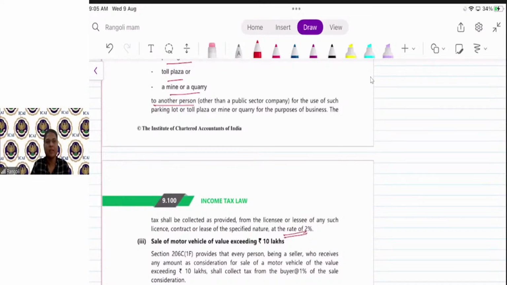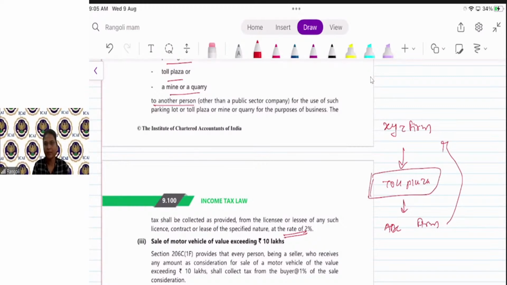Okay, so say for example, XYZ firm has provided a toll plaza to ABC firm. ABC firm will make payment for use of this toll plaza to XYZ firm.